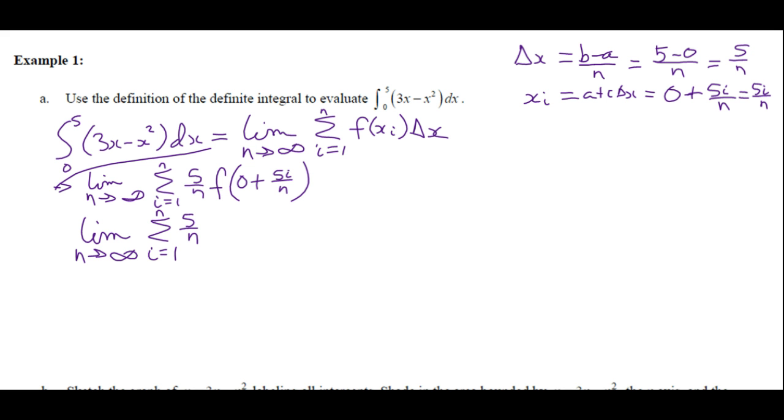So 3 times 5i over n, minus 5i over n squared. Life is nice if it's a 0. If there's a number in there, this would be 3 times 2 plus 5i over n, and this would be 2 plus 5i over n squared. All right, so we just keep working.